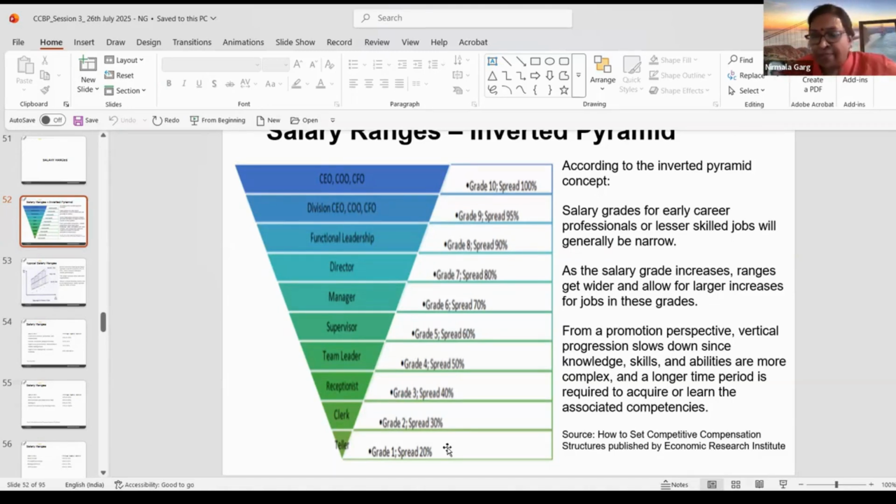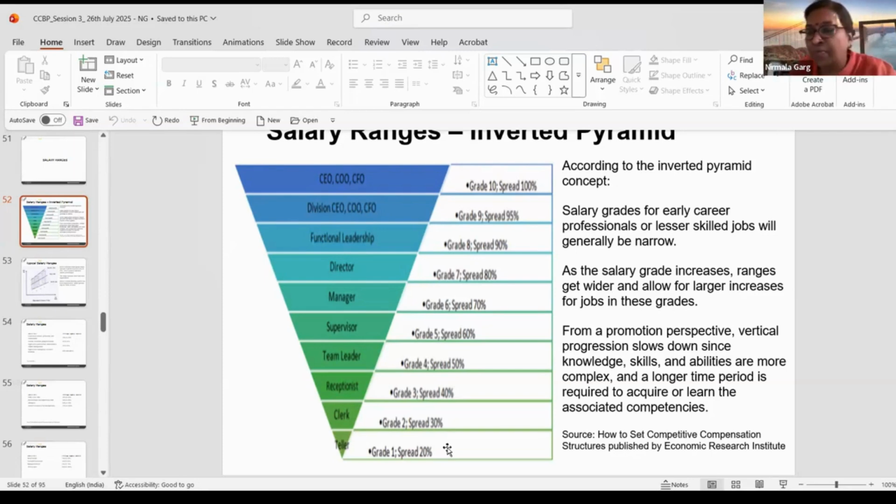Therefore, the tenure is much more. When a person is promoted from a middle level to a higher level, he stays at least 5, 6, 7 years. If you do not have a wide spread, what happens? You cannot have pay progression. In 2 years, 3 years, he will reach the maximum. Then if he reaches the maximum, what happens?